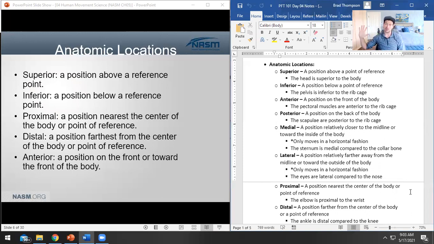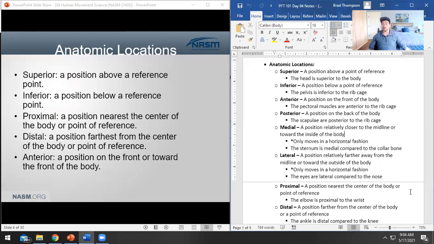Because if I were to cross something over from one side to the other, you would think that now my arm is medial, and then it crossed over my midline, and then suddenly it's going lateral, lateral, lateral. But that's not true, because we are referencing everything from the anatomic position.